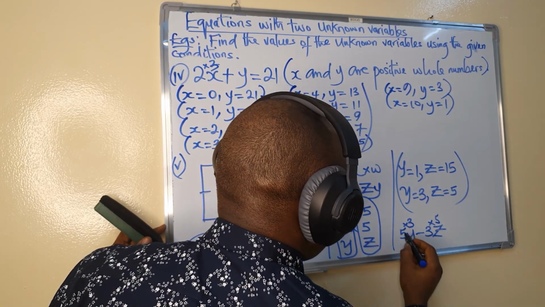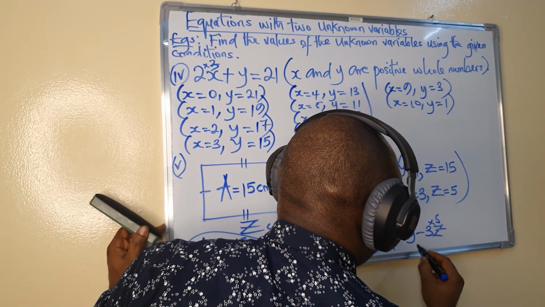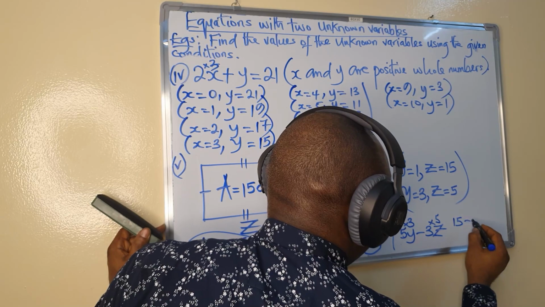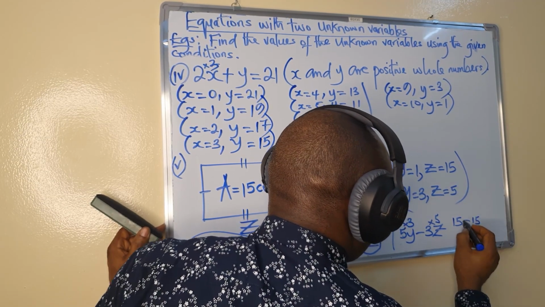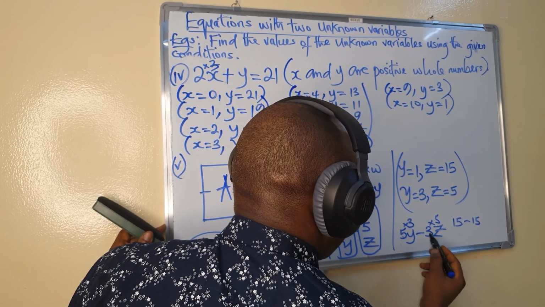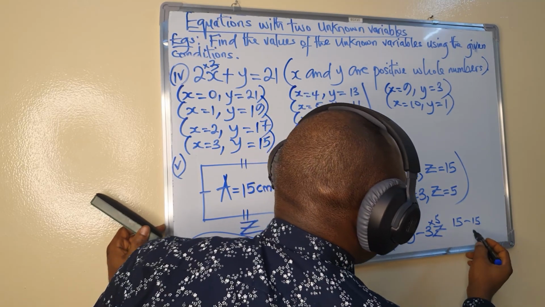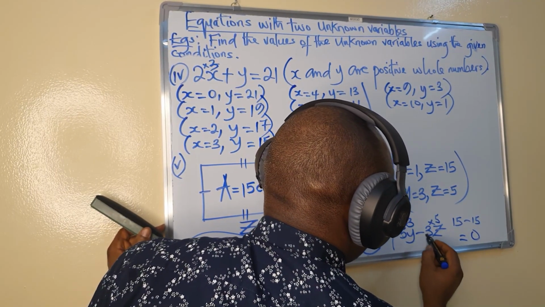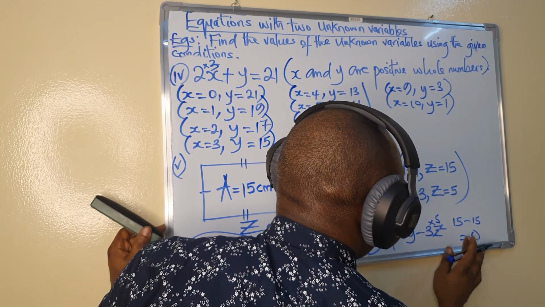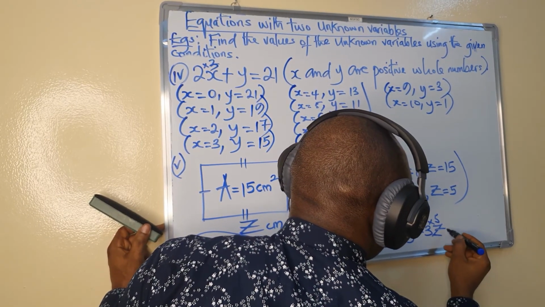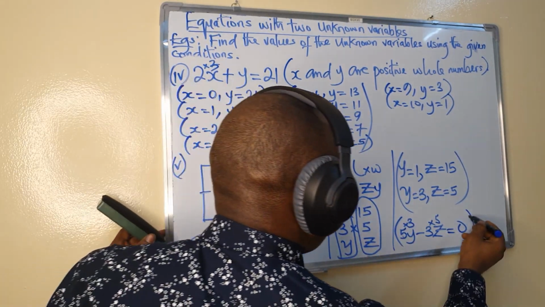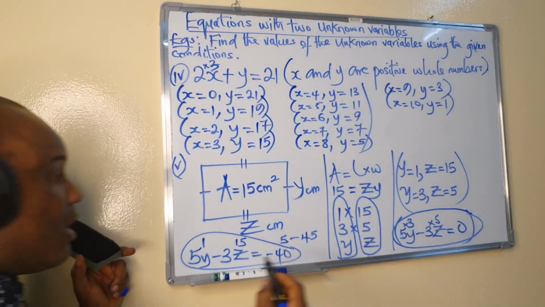Don't forget that. 5 times 3 gives us 15, minus 3 times 5, which is 15 also. So you see here, when y is 3 and z is 5, our answer will end up being 0. It means that 5y minus 3z will be equal to 0. So we have these two answers for the situation we have in hand.